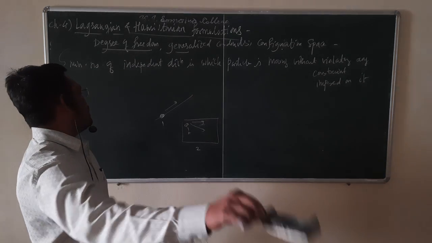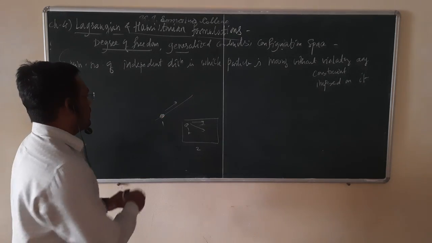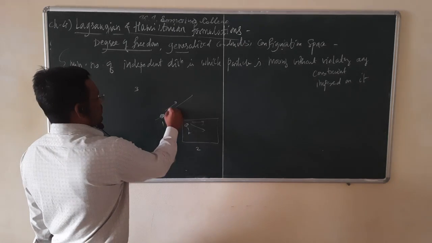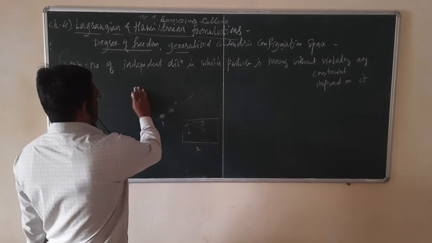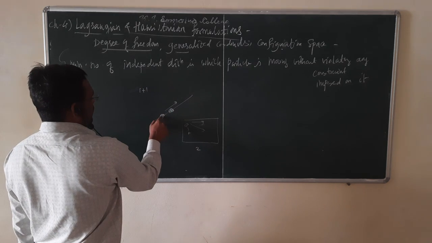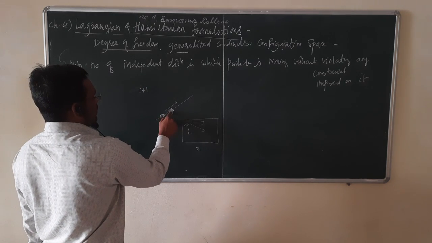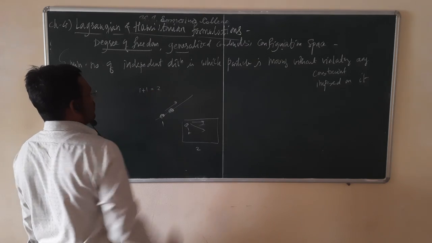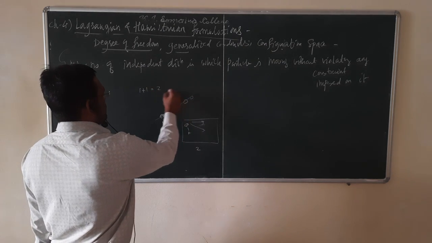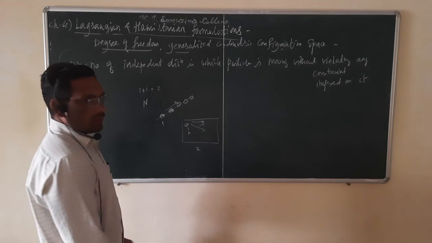Now if you have only one particle, there are 3 degrees of freedom. If you have two particles moving along a line, then 1 degree of freedom for this particle and 1 for that particle add up to 2. Similarly, if you have n particles, then the degree of freedom is n.